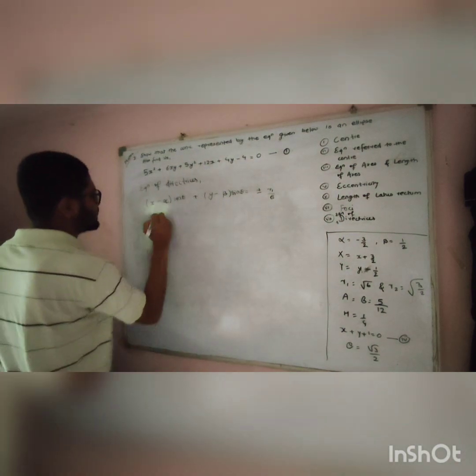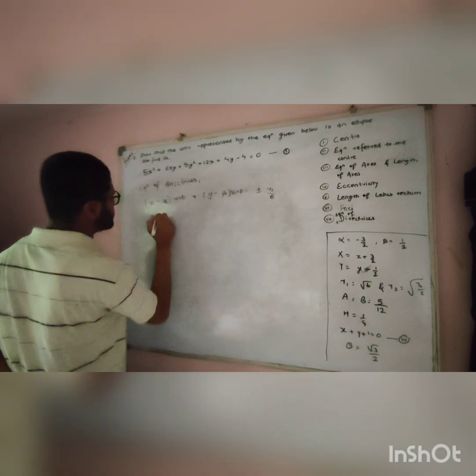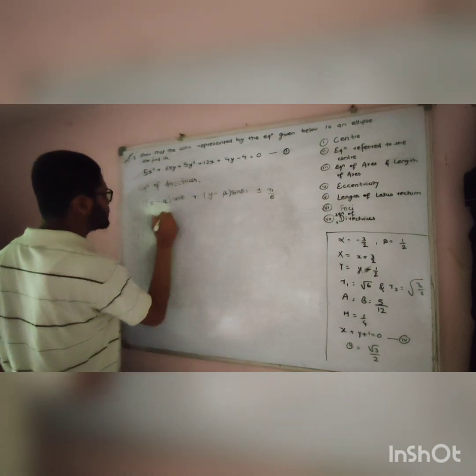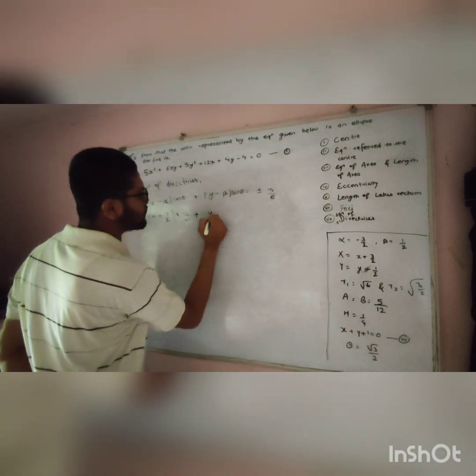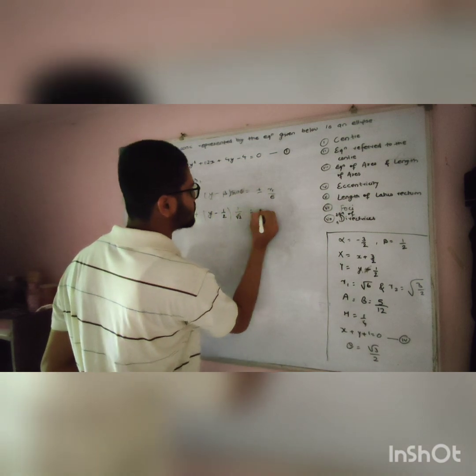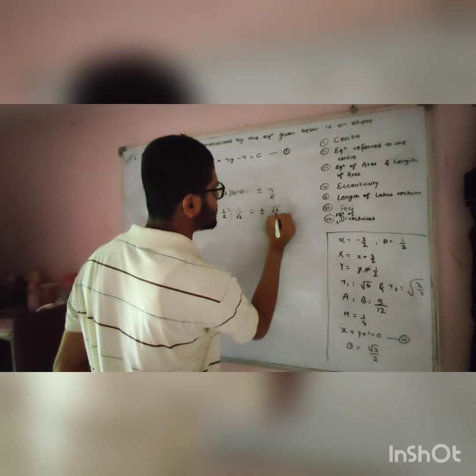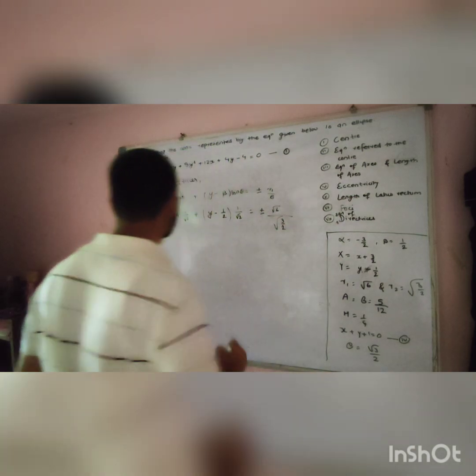So substituting the values, x minus alpha is x plus 3 by 2, cos theta is minus 1 by root 2, plus y minus 1 by 2 times 1 by root 2, equals plus minus r1 is root 6 by e, which was root 3 by 2.